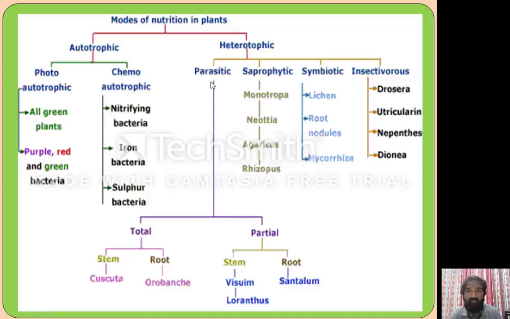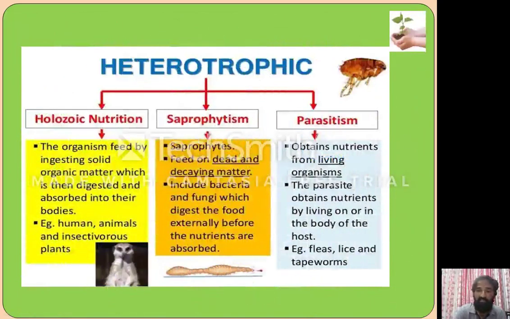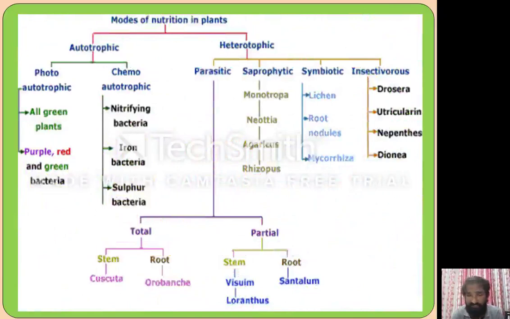Along with these two, the symbiotic association is there that we will discuss in a later class, for example lichen, and also insectivorous plants. Examples of insectivorous plants are Drosera, Utricularia, Nepenthes, Dionaea and so on. Now coming to the next slide.